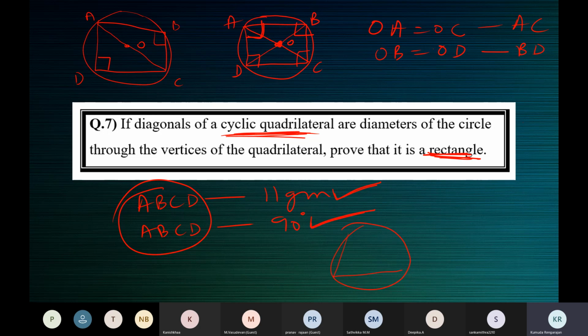So in fact, you can prove using this theorem that angle in a semicircle is the right angle. You can prove that all the four corners are right angles. So you say any one is a right angle. So in the parallelogram, one angle is a right angle, and hence ABCD is a rectangle.